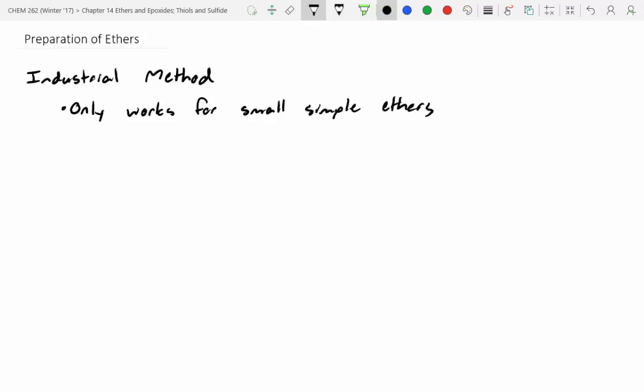So the first thing you do is you get a generic alcohol, like ethanol. And if we treat this with acid, some super duper strong acid, first thing that will occur is we'll protonate our alcohol, right?